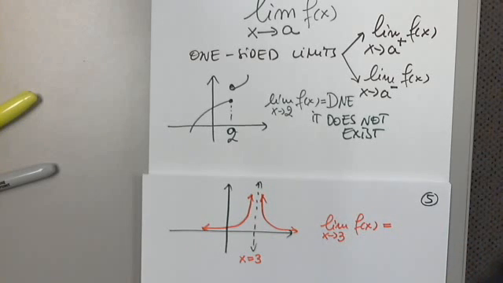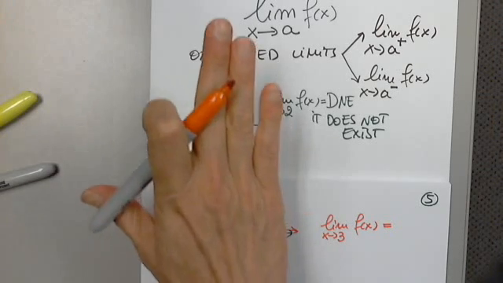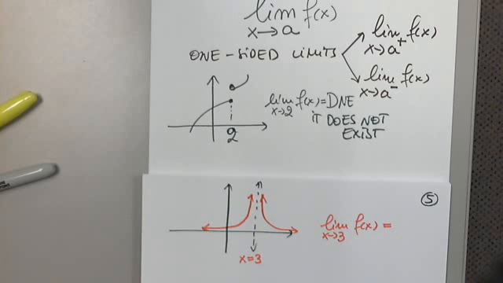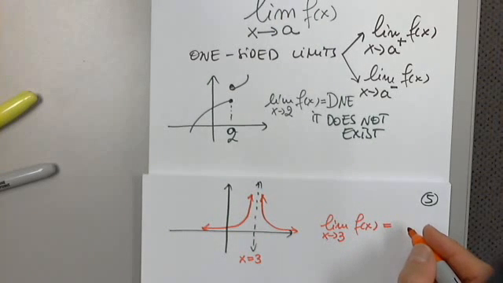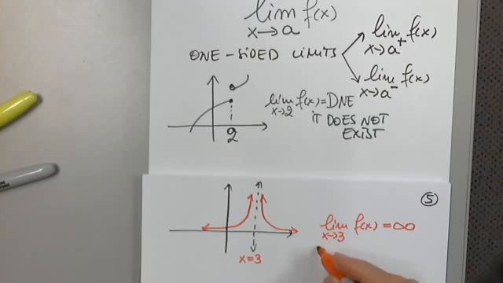What will you say? The left-hand side approaches infinity. Perfect. The right-hand side approaches, good. What will you say? Yes. Although it's not a number, although we know that the limit does not exist, I cannot write DNE in this case. I can write DNE in this case.